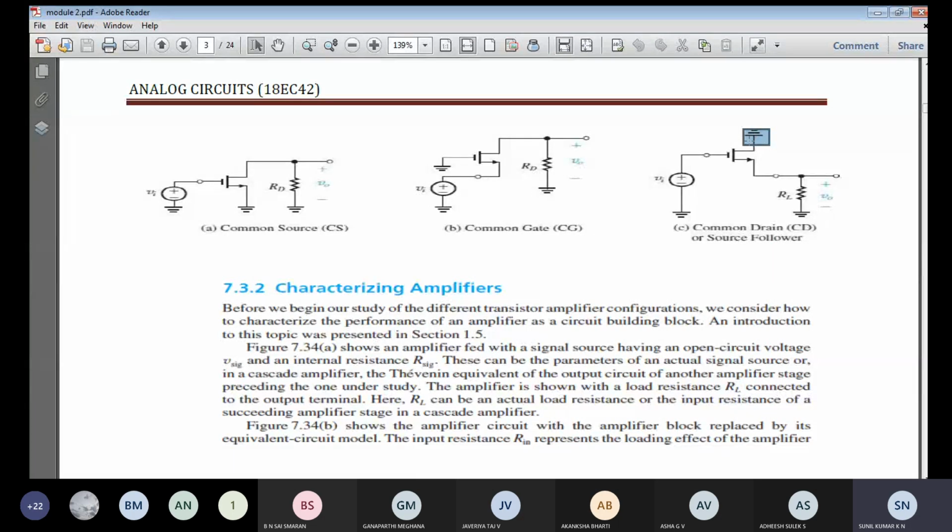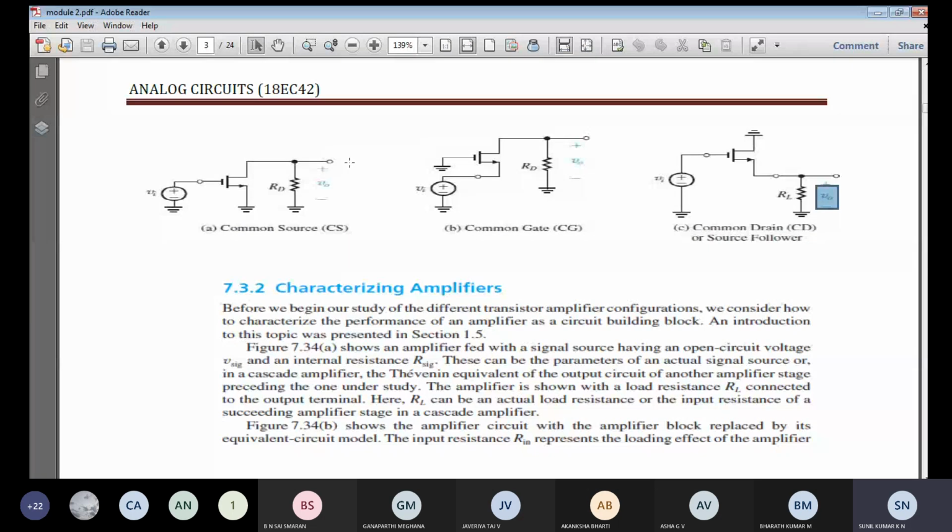The input is given at the gate, and the output is taken across the load resistance connected at the source terminal. The output voltage follows the input voltage with a small difference, so it is also called a source follower. So the common drain is also called a source follower.